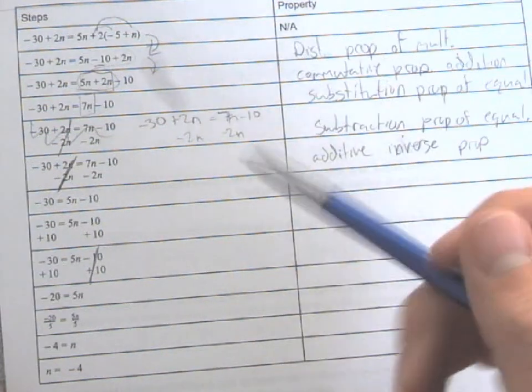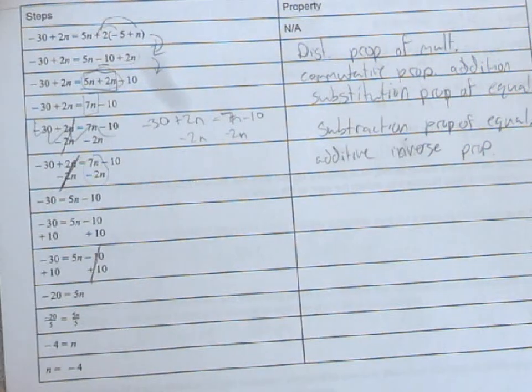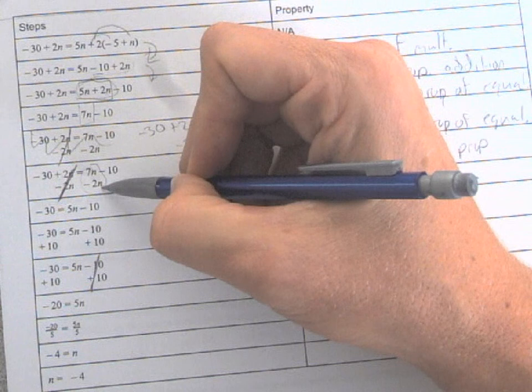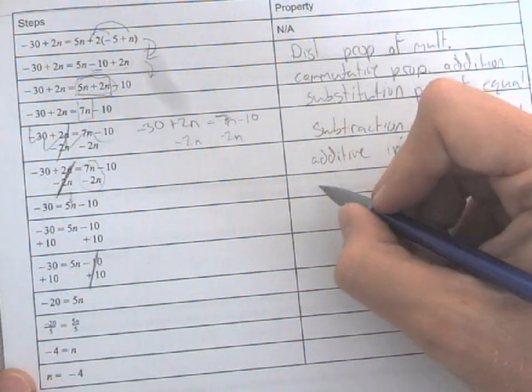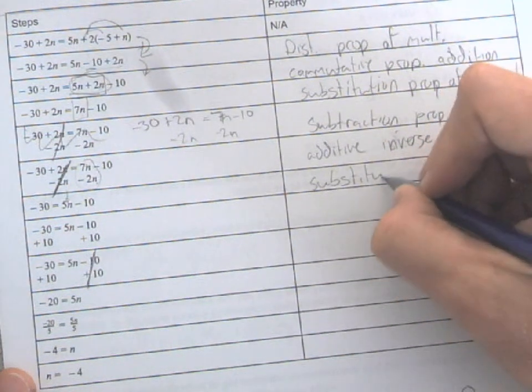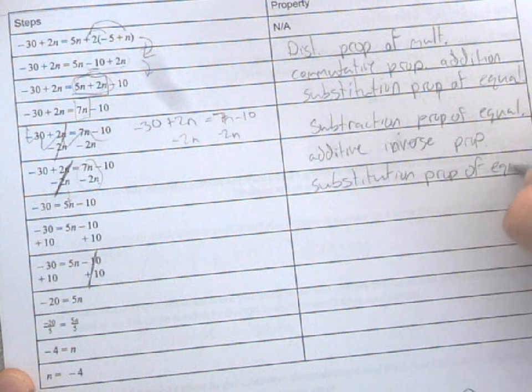On this side, we canceled. On this side, we basically combined like terms again. We replaced 7n and minus 2n with 5n, which is what they're equal to. So I'm going to call this the substitution property of equality.